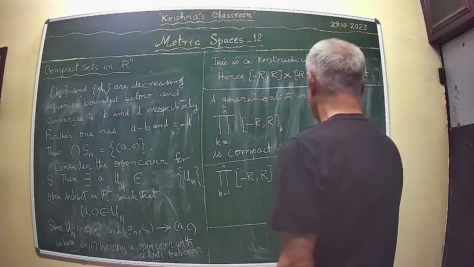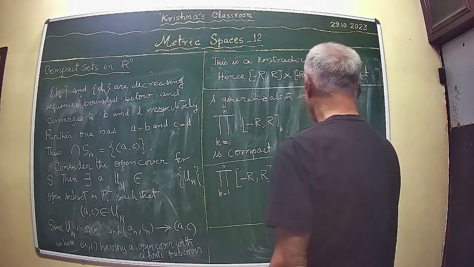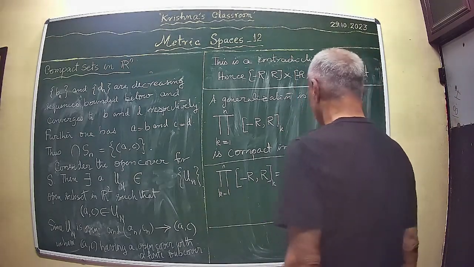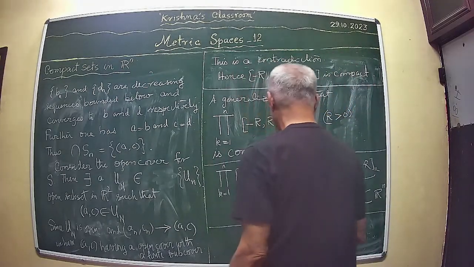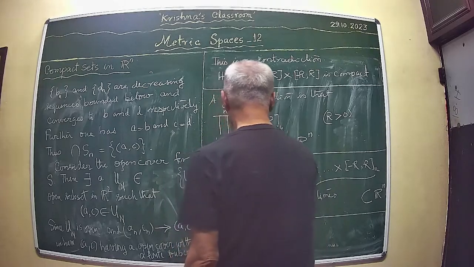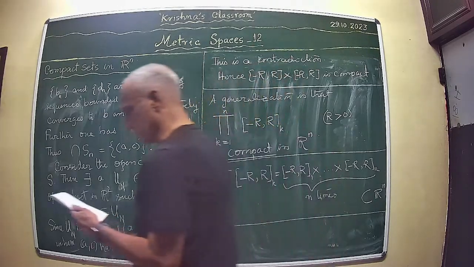So this is in the first R, this is in the second R, and so on. It's a part of. So this is compact. Okay. So that's the general result.